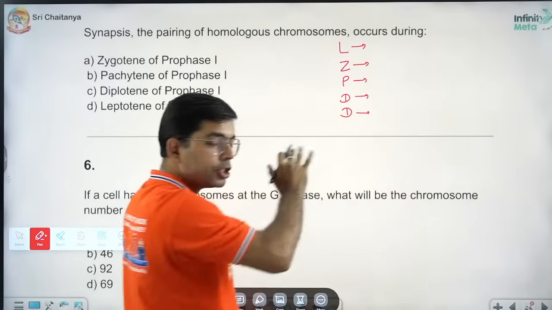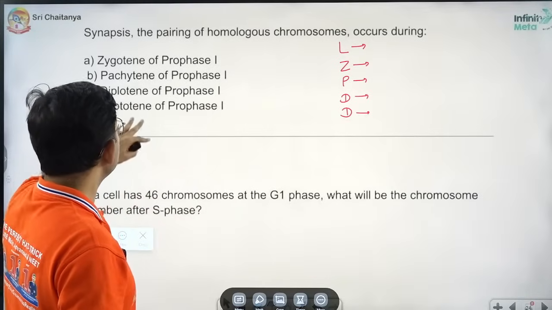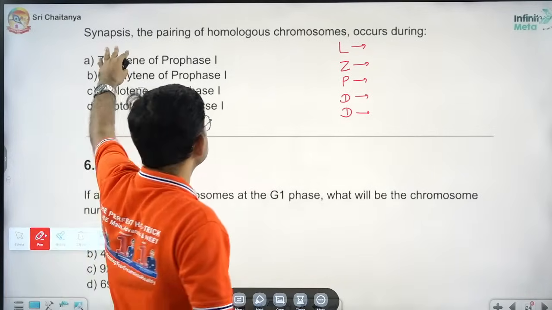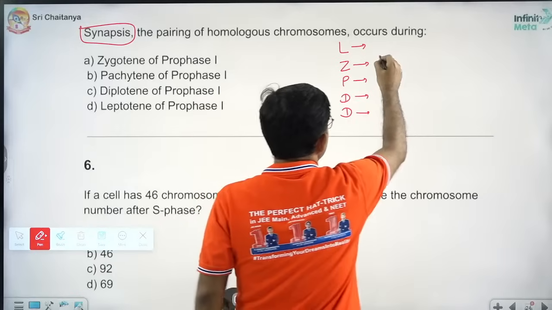Every stage has certain characteristics through which we identify those stages. So synapsis is the characteristic of zygotene.